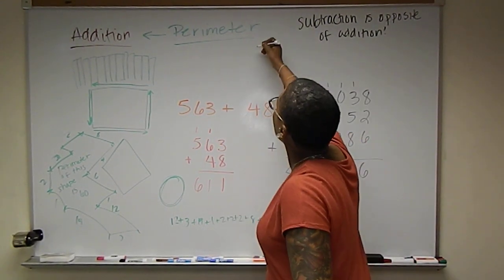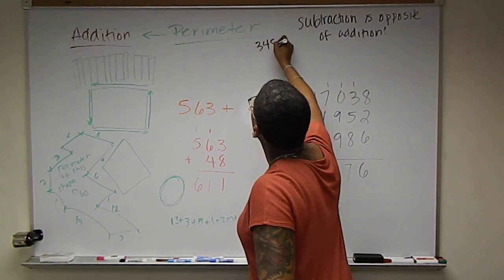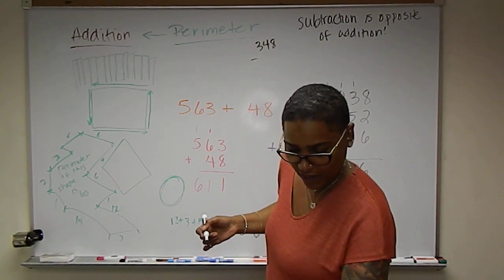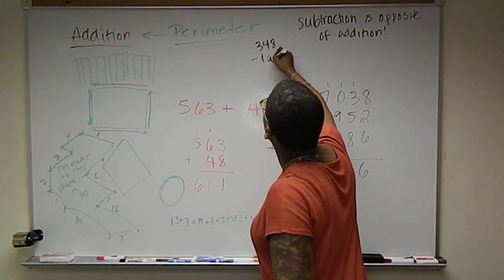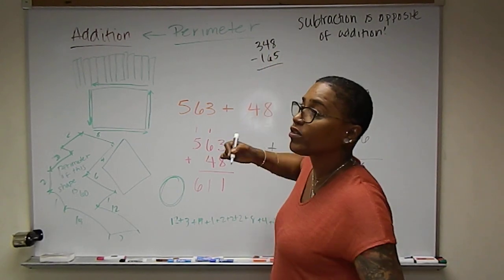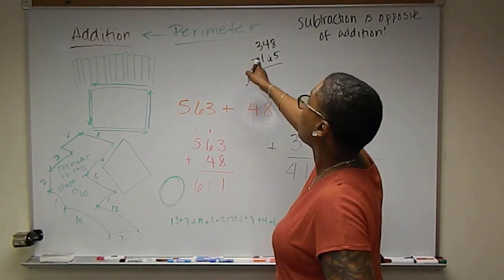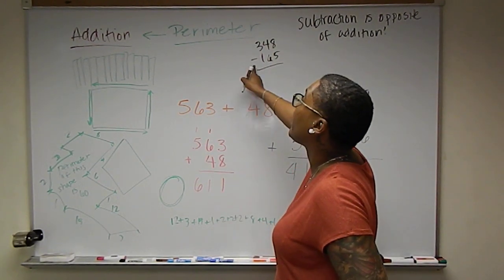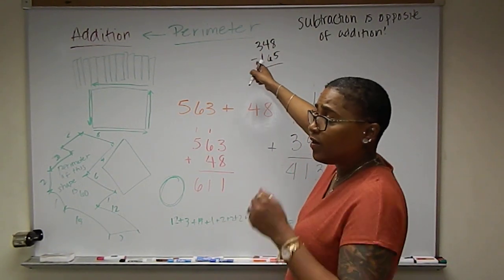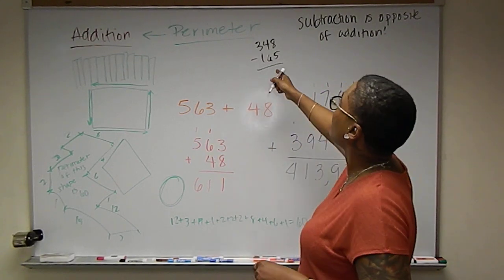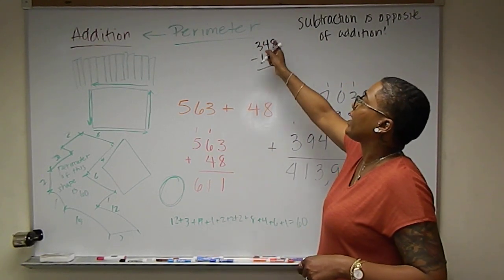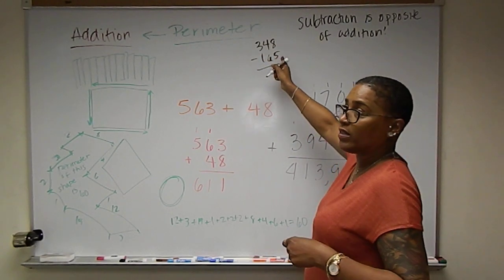So say you're taking 348, and from that, you're taking 165. You're taking 165 from 348. That's what this says. 348 minus 165. So 348 is losing 165.